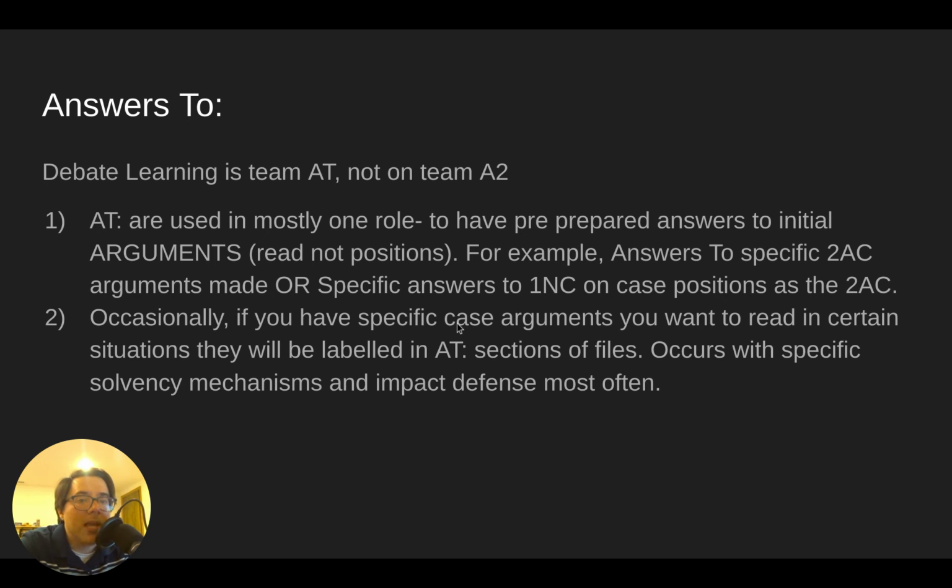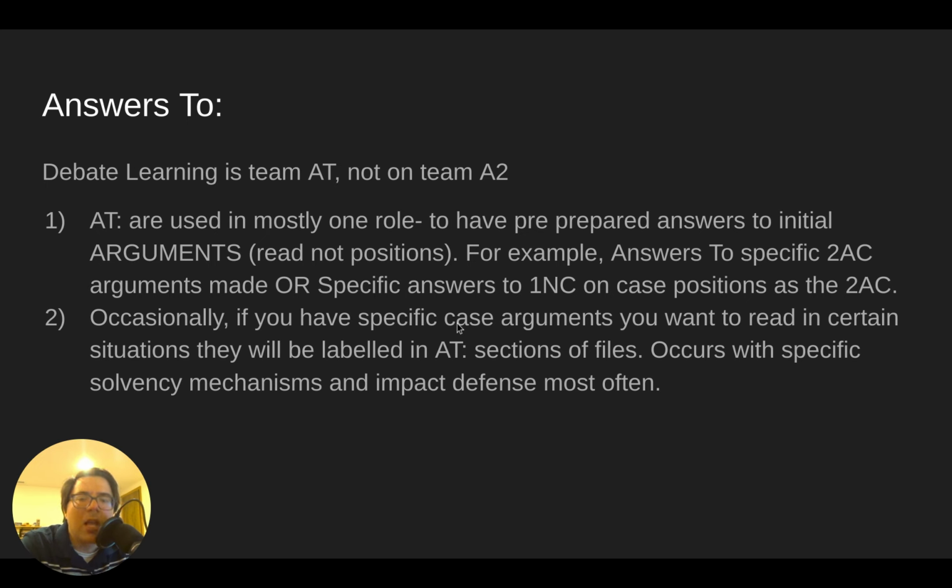Or maybe you have 1NC arguments you hear often, and so you pre-script your 2AC answers to those 1NC case arguments. So the 1NC stood up and said, case doesn't solve because blah, blah, blah. Well, the 2AC will have an answers to block that pre-scripts how they want to answer that argument. And that way cuts down on prep time and ensures that they're answering it in the most effective way possible.